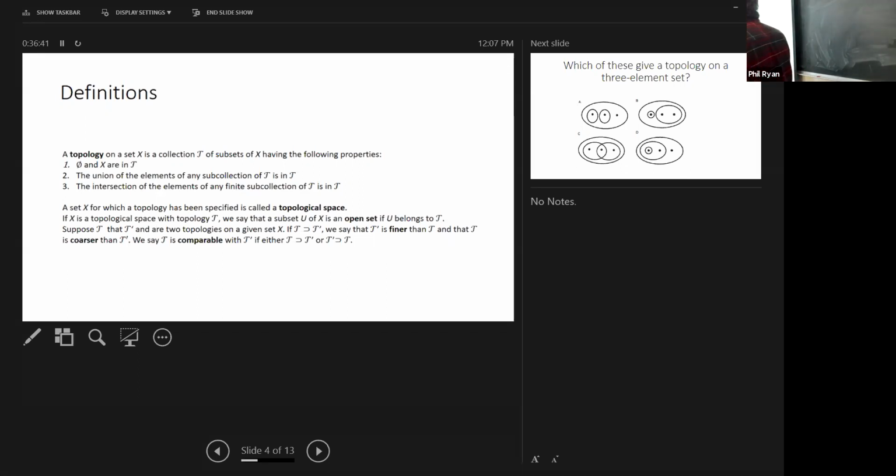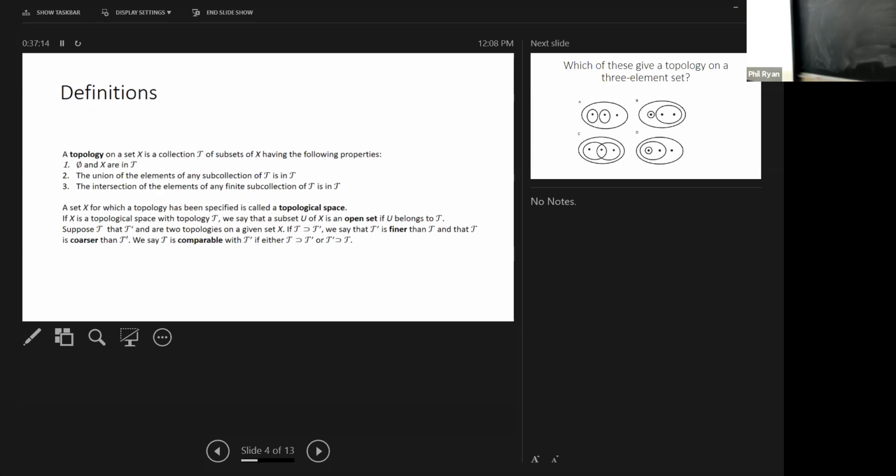So it's closed under arbitrary unions and finite intersections. The set X for which a topology has been specified is called a topological space. Really, we should talk about X and the topology, because a set can have more than one topology. The elements of the topology are called open sets.